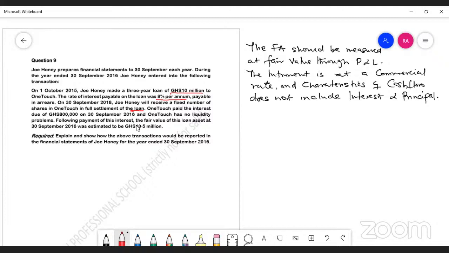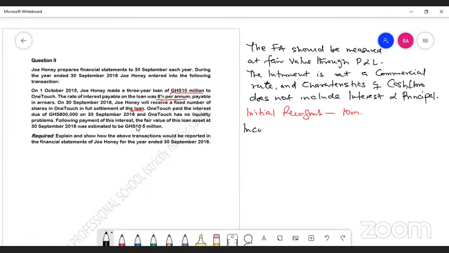So initial recognition will be 10 million. Then the interest they have paid of 800,000, take it to P&L.